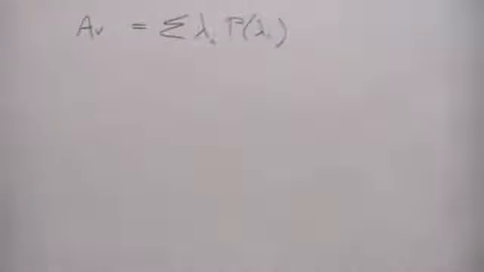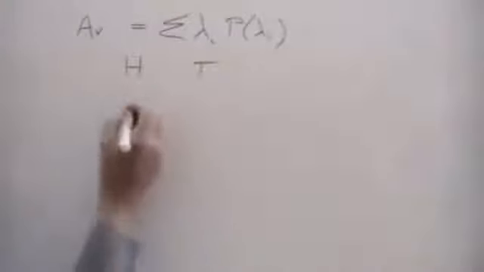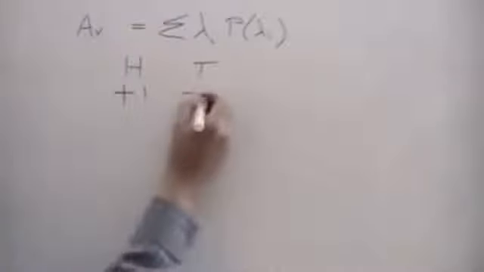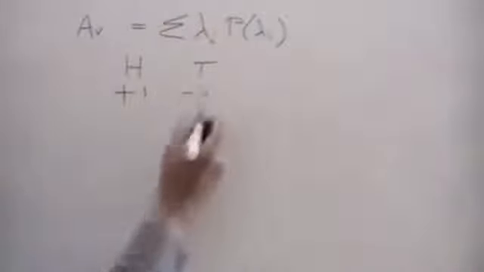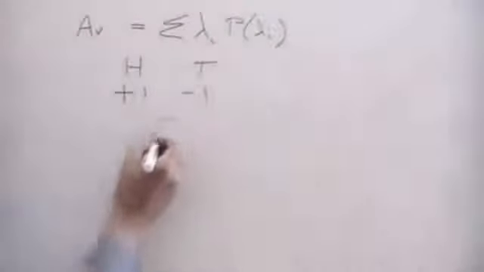Let me just illustrate, first of all, if we take coins, heads and tails. If I assign +1 if you get a head, and minus 1 if you get a tail, then of course what are you going to find if you toss the coin 10 times? On average you'll find you get 5 plus 1s and 5 minus 1s, which means that the average value will be 0.